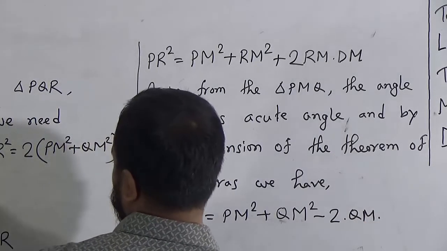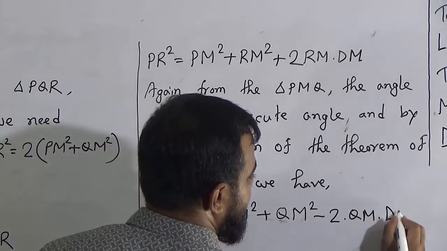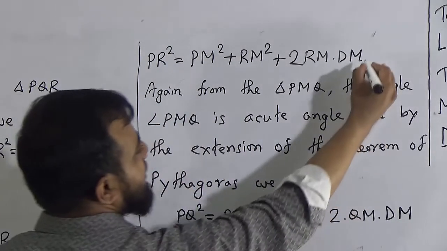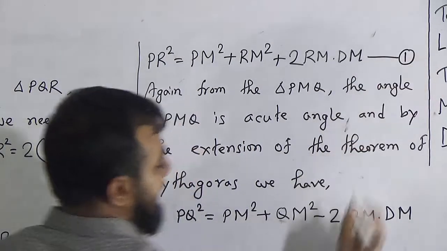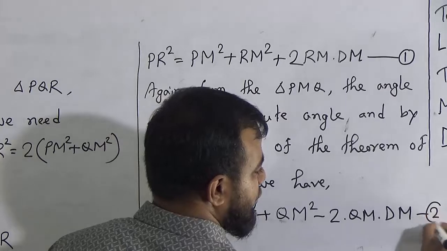The orthogonal projection of PM is DM. My dear students, this was our equation 1 and this is now our equation 2.